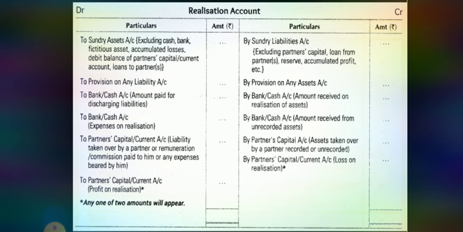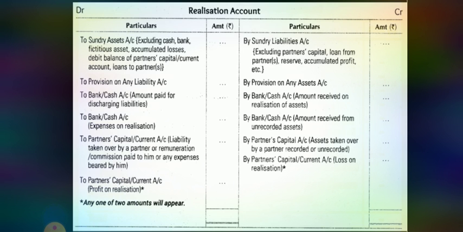Amount paid for discharging liabilities means if the firm is paying any amount for discharging any liability that is payable at the time of dissolution, that amount would be debited with the name bank account or cash account, as given in your balance sheet.